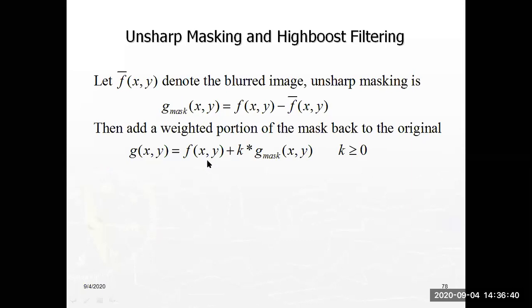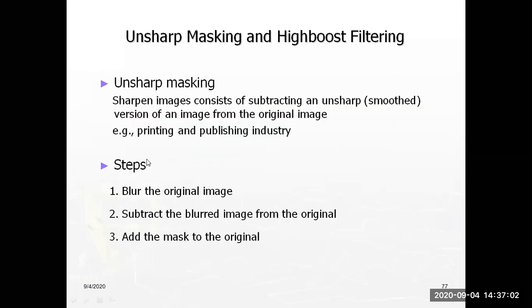Here k is simply your weight, so we are adding weights to the coefficients. That is the only difference. And what is g_mask(x, y)? Simply, we are removing the blurred image from the original image and adding the result to your original image, and you get unsharp masking.